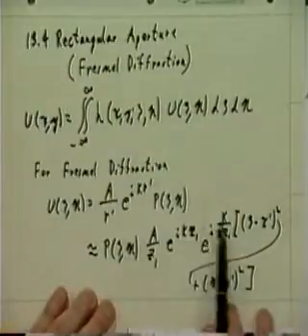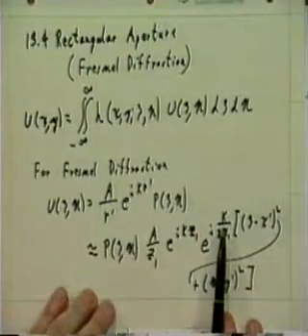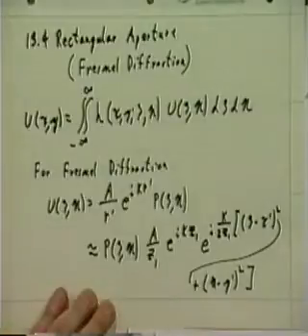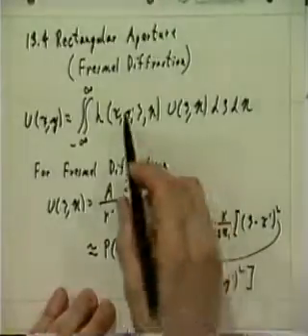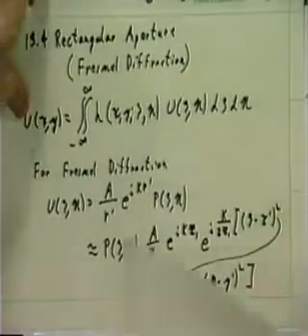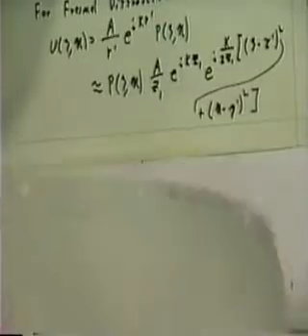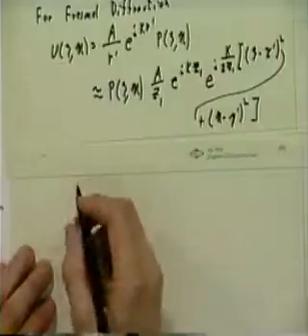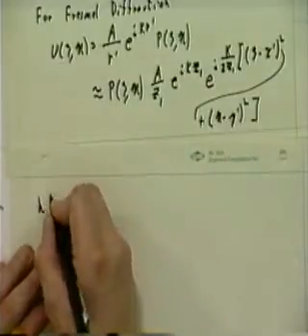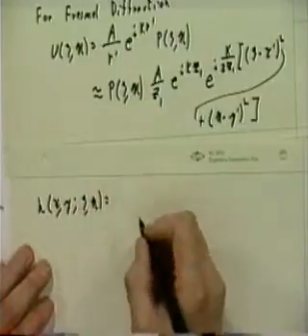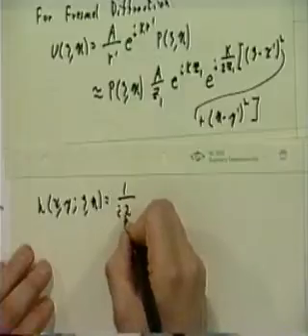So now we need to take this mess and plug it back up into our expression here. And let's see, what did I not do? I didn't write down h, did I? I wrote down what u was, but I didn't write down h, so I guess I better write down h before we plug everything in there. So h of x, y, squiggle, and eta is what? 1 over i lambda.